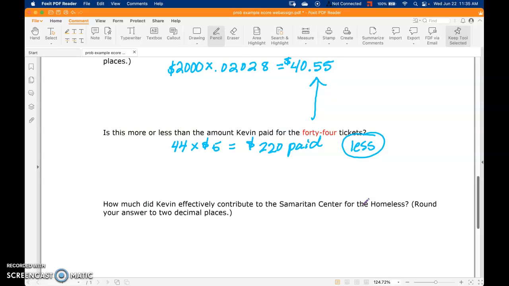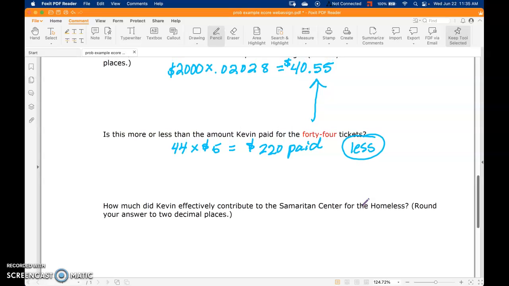And then how much does he actually contribute? Well, you have to take what he paid, in other words, how much gets sent to the homeless shelter from the overall total of what he paid, which was $220.